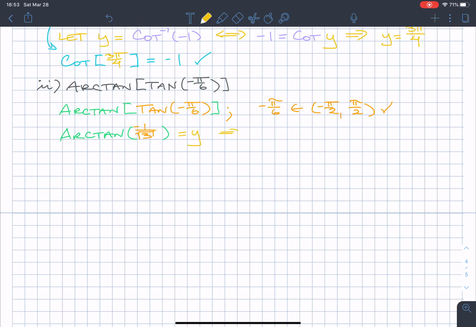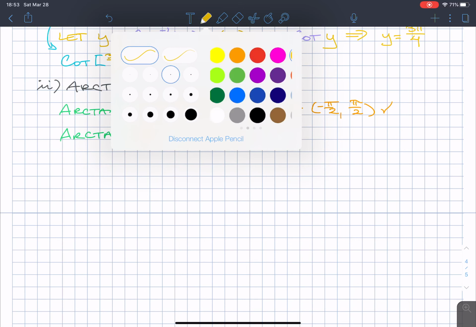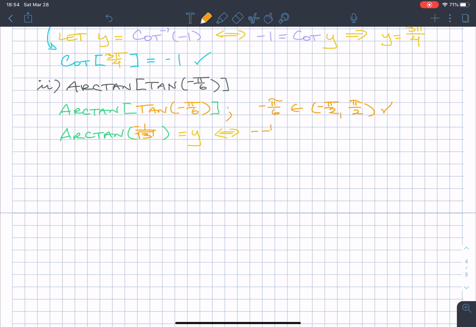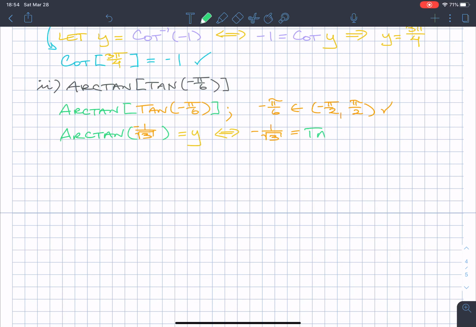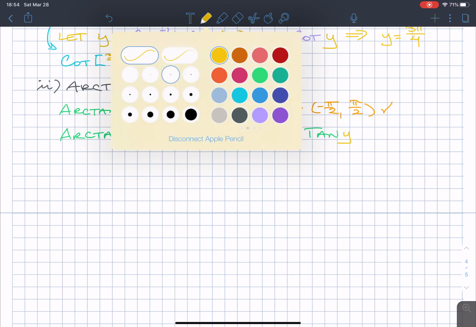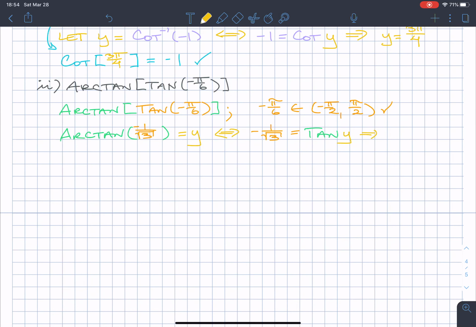This would be equivalent to writing negative 1 over root 3, unrationalized, is equal to normal tangent of y. Remember, arc just means tangent inverse. So at what angle is that true? That's true in quadrant 4, so y must be equal to negative pi over 6. Check mark. It does work.